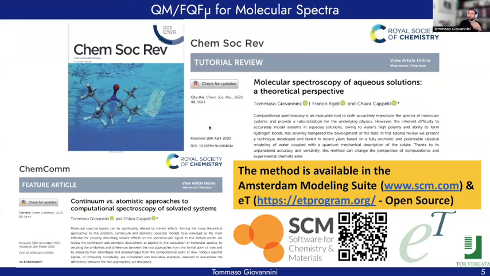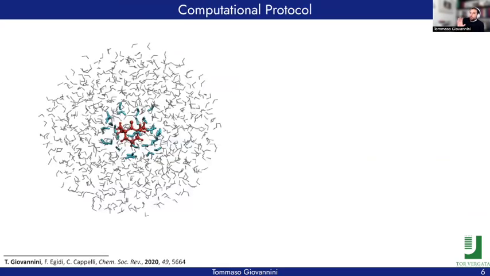If you want to have a look at what we can do with these methodologies, you can read our recent reviews on these topics. The methods are also available in the Amsterdam Density Functional, the Amsterdam Modeling Suite, and also in an open source code.